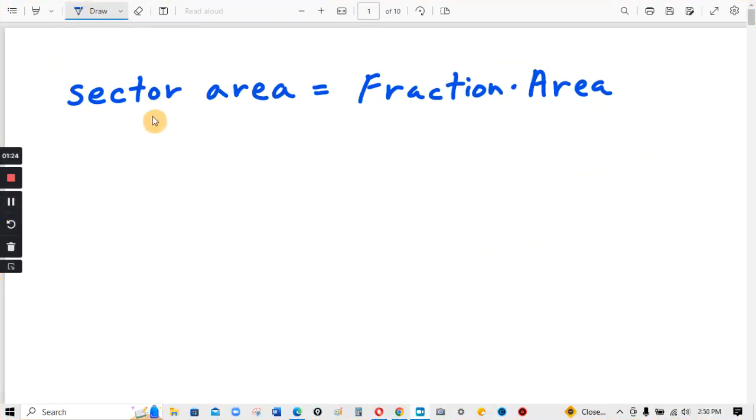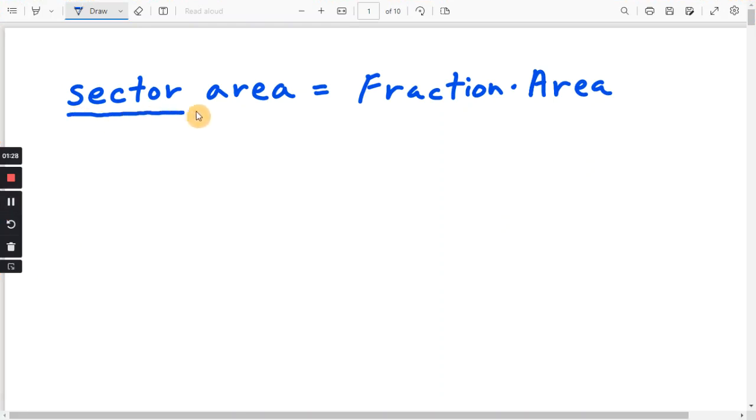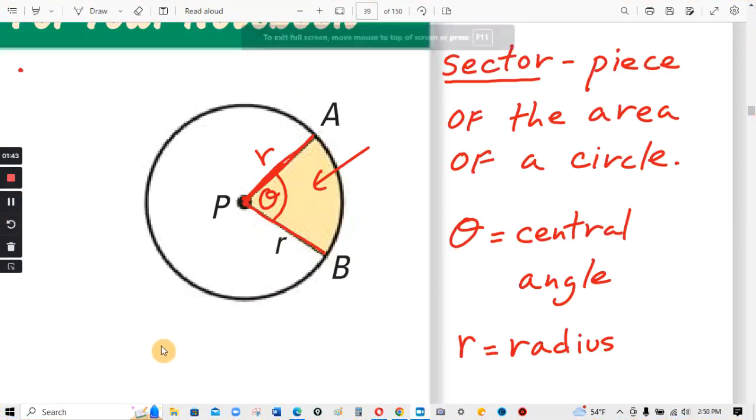So the basic formula for the sector area of a circle is very similar to arc length. It's going to be the fraction of the circle times the area of the entire circle. These two items are multiplied by each other. And just like for arc length, the fraction of the circle is determined by this central angle theta.